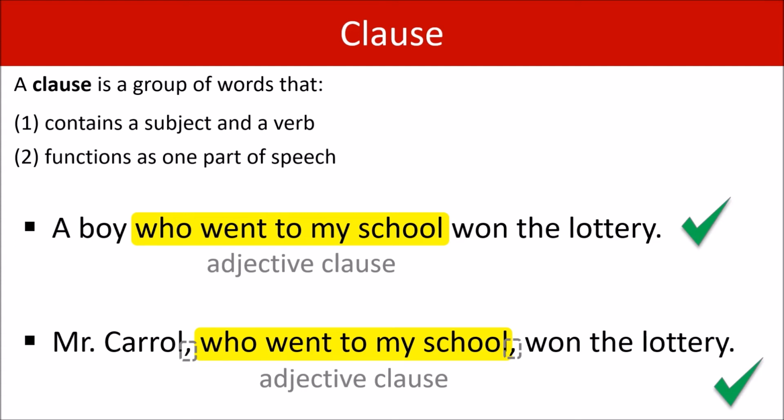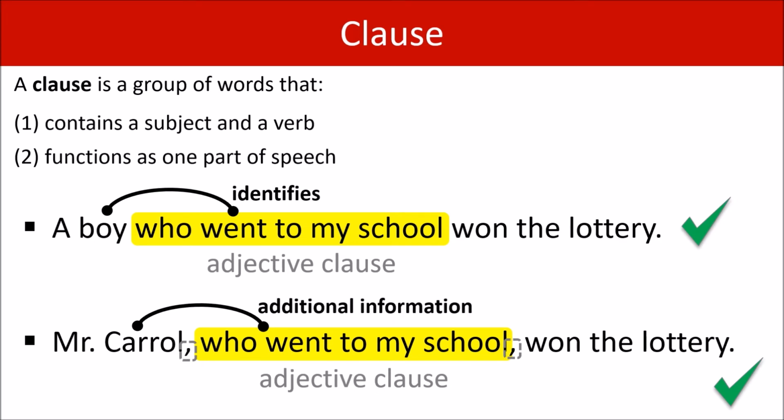Well, when an adjective clause is required to identify its noun, then there are no commas. But when an adjective clause is just additional information about its noun, then there are commas. So, in the top example, we don't know which boy we're talking about until we read the adjective clause.